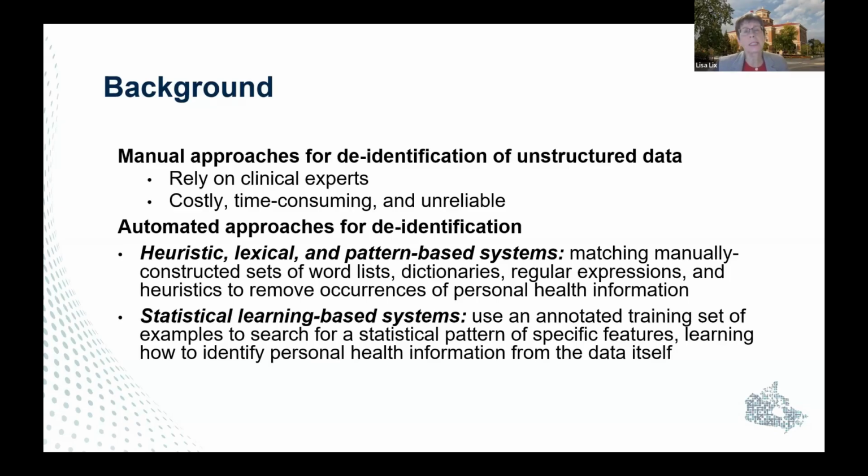But increasingly, there's an interest in using statistical or machine learning based methods where we're using some sort of annotated training set of examples, and we can search for patterns in the data. This can be done using statistical methodologies or machine learning methodologies, looking for specific features and how to identify personal identifying information from the data itself. And so that's what we're really interested in doing.